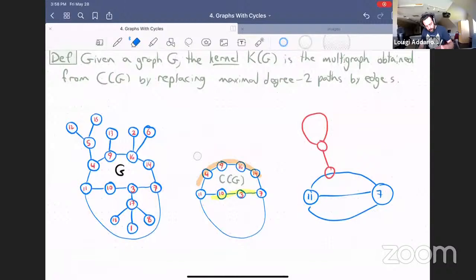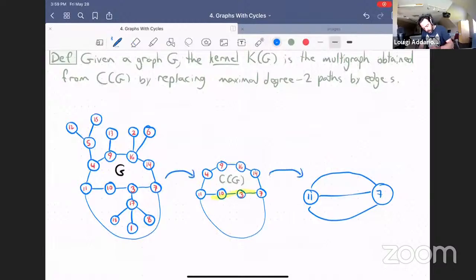And now we'd like to understand, once again, we have a construction which is unambiguous in one direction. So going from the graph to its core there's only one way to do that. And there's only one way to go from the core to the kernel, right?